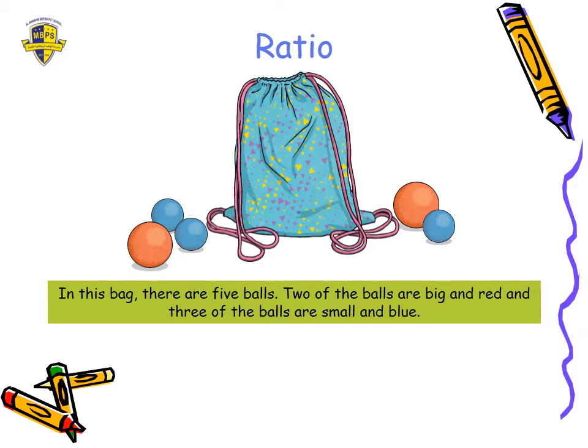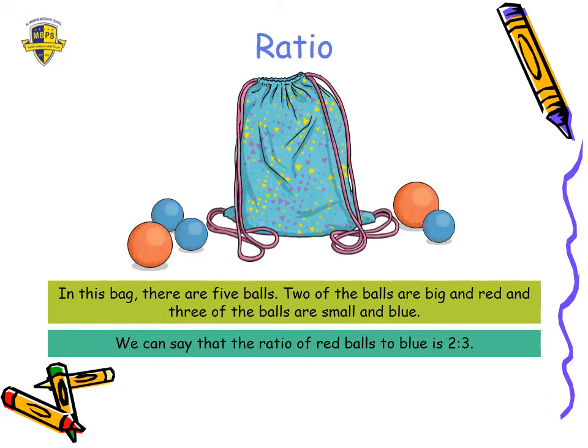Okay, now we can see this bag. Inside this bag we have balls. Can you tell me how many are blue? Excellent, 3. And how many are red? Good, 2. Now let's write the ratio of red balls to blue balls.